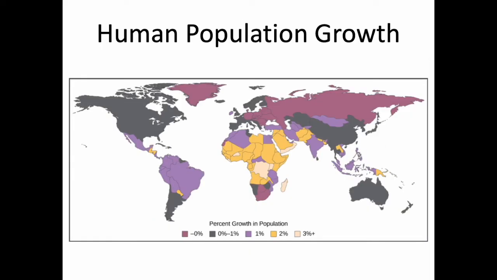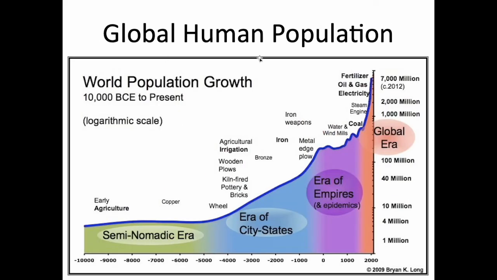So there is growth globally and in certain countries. And so an interesting question that you might be wondering is, where is the ceiling? As cool as our technology is, as great as our farming and stuff like that is, it's not infinite.